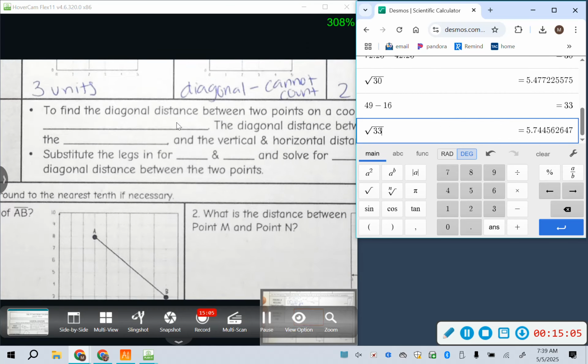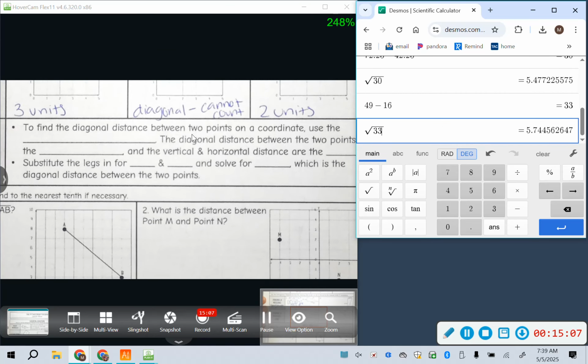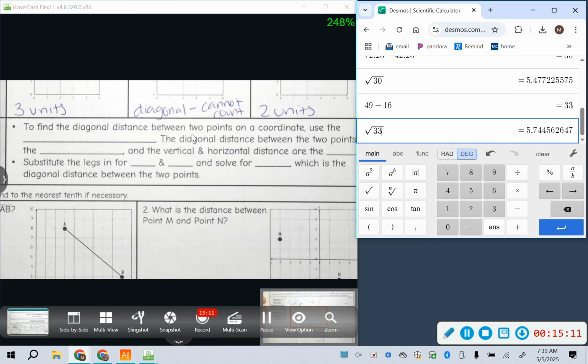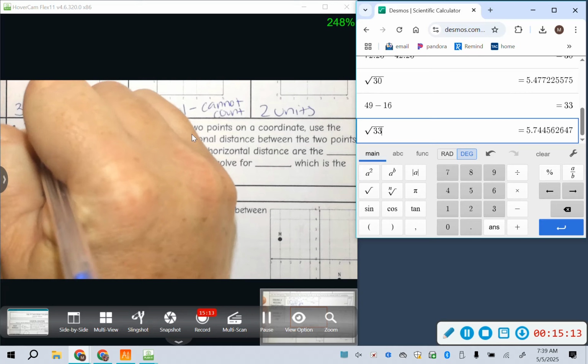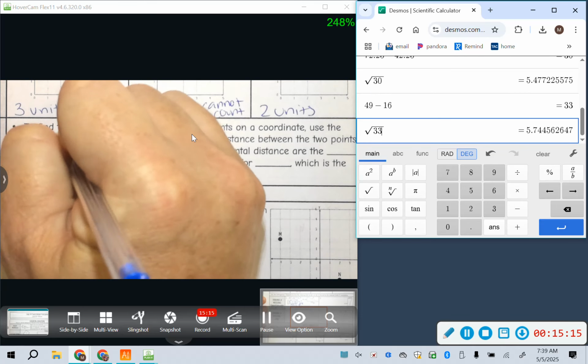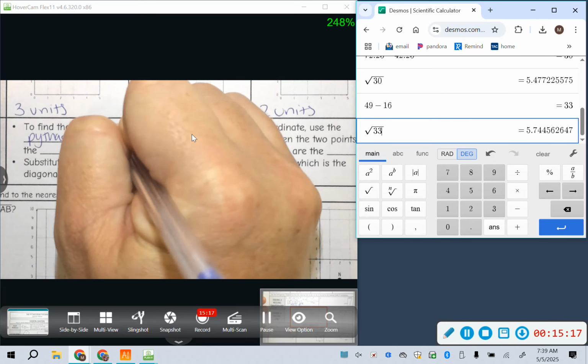You'll see. Hold on. Okay, so filling in blanks here, it says to find the diagonal distance between 2 points on a coordinate plane, use the Pythagorean theorem.